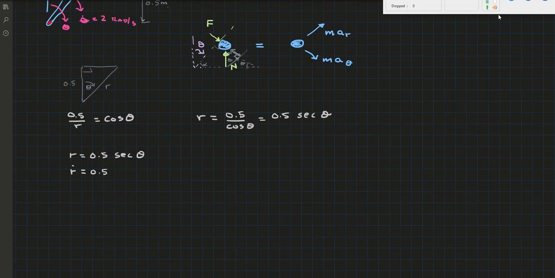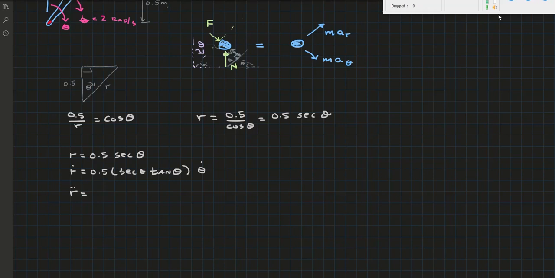The derivative of the secant is the secant tangent, so secant of theta, tangent of theta is the derivative of this, and then of course we have to chain rule it, theta dot. Okay, not too bad, could be worse.